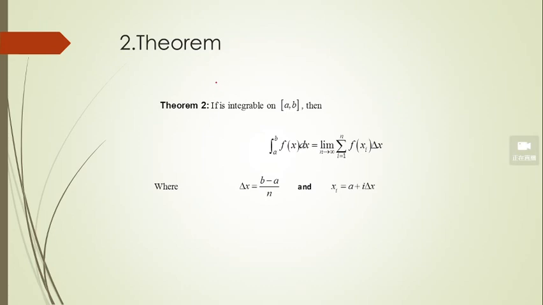If function f is integrable on [a, b], then this definite integral exists. Then how do we evaluate this definite integral? You can also interpret this definite integral in the graph.